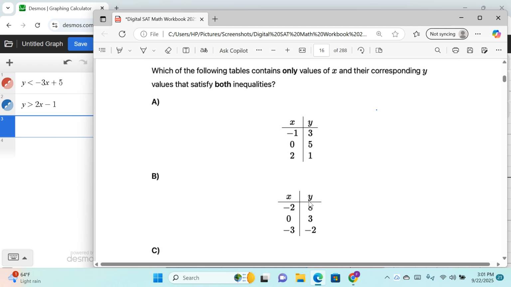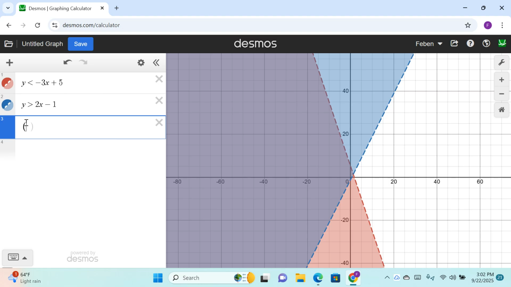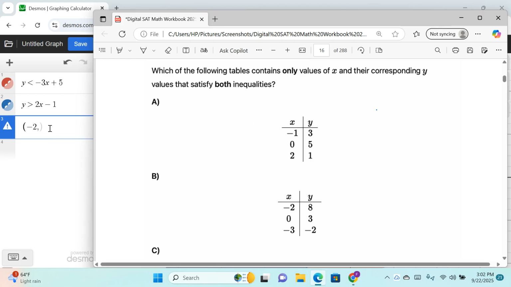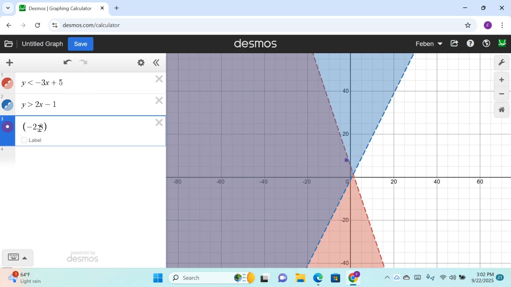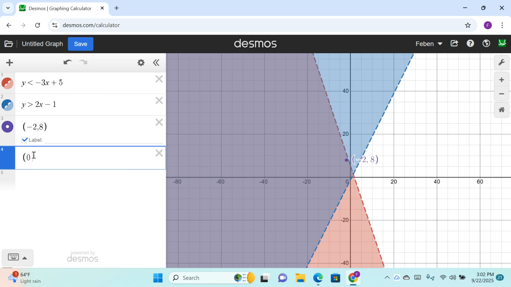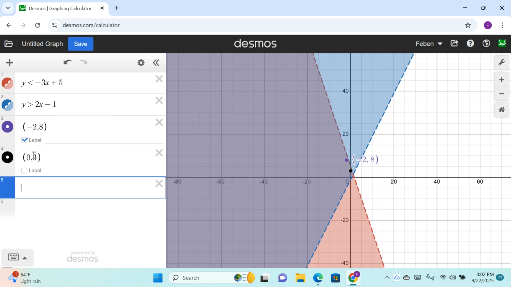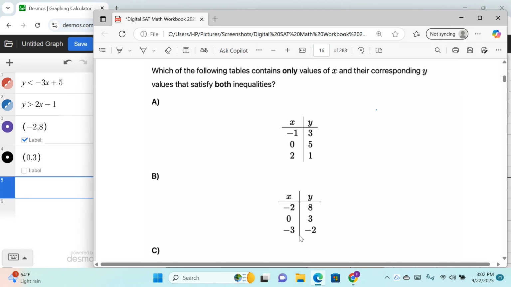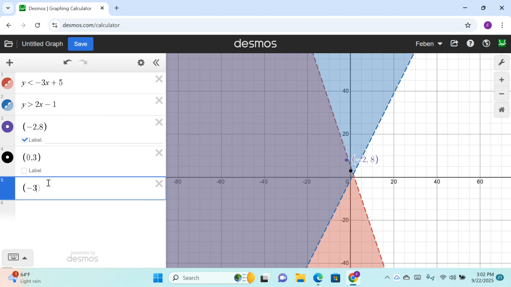Let us check option B. Negative 2 comma 8, then the second x and y value, 0 comma 3, and the third value, negative 3 comma negative 2.